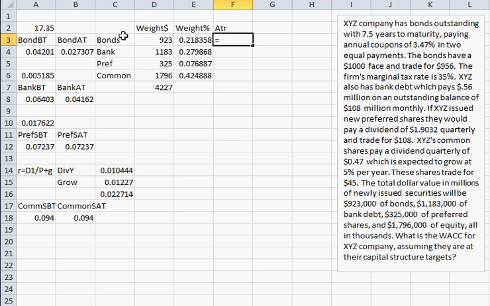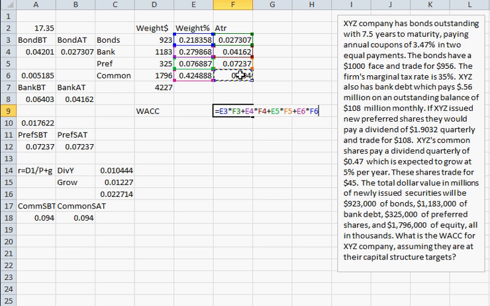The after-tax returns are here, here, here, and here. So now we're ready to calculate our WACC, which is the weighted average of these after-tax returns. 21% times the return, plus 27% times the return, plus 7% times the return, plus 42% times the return.